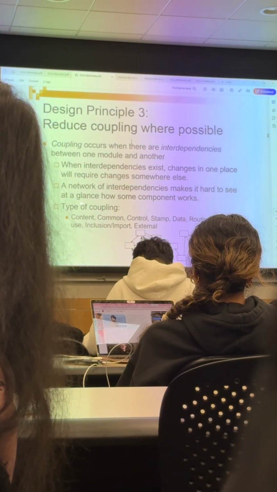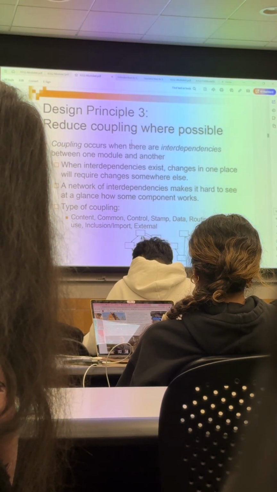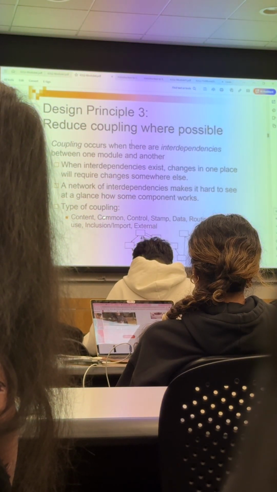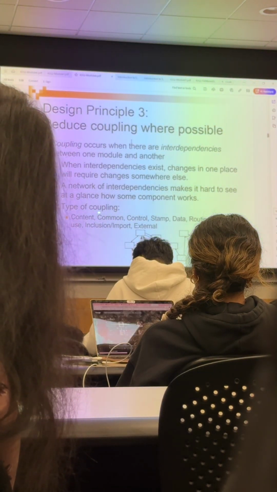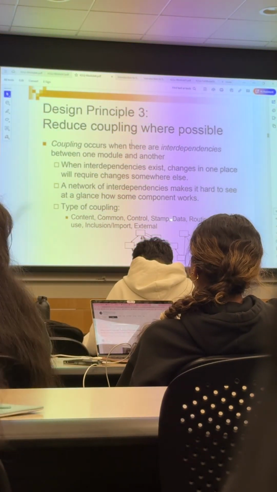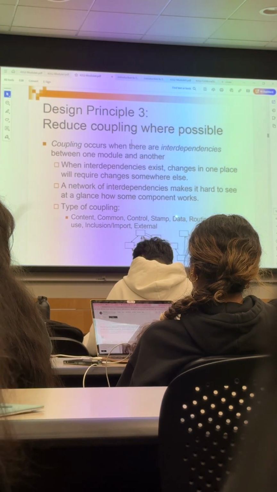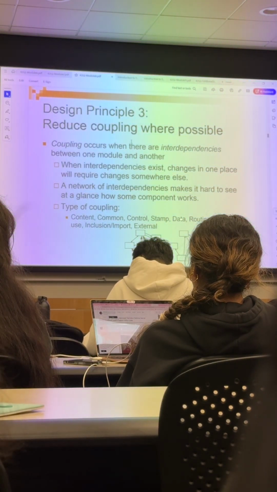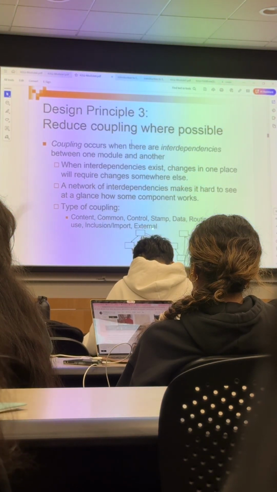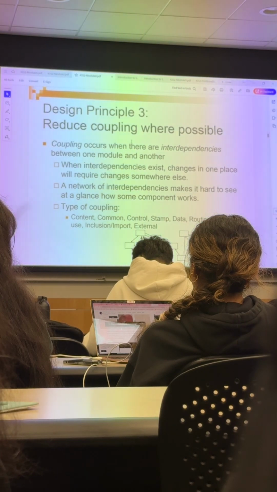And for some types of coupling, I'm not sure if we went through this, but common coupling means you're using global variables. We use global variables only when we have to. If you have common data, then you store it in one place. The concept of a facade pattern and the concept of singleton patterns are all used for reducing coupling, not increasing.